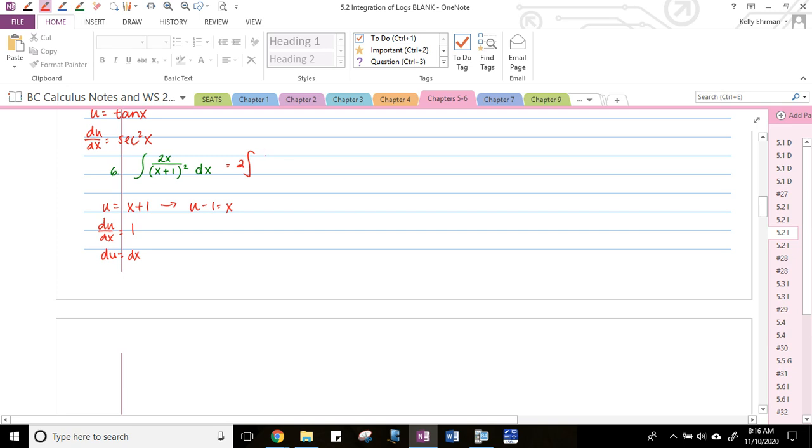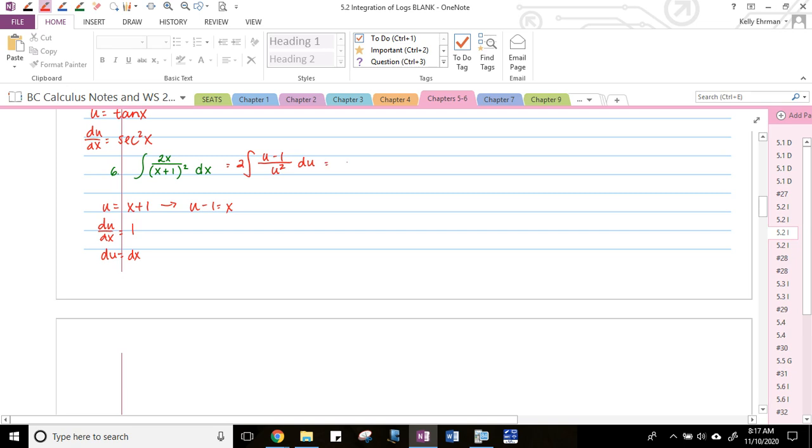Instead of x up here, I have u minus 1, or I could have made it 2u minus 2 if I wanted to, over u squared du. So you are allowed to manipulate this original u equation that you created to help you eliminate values of x that weren't canceling out.